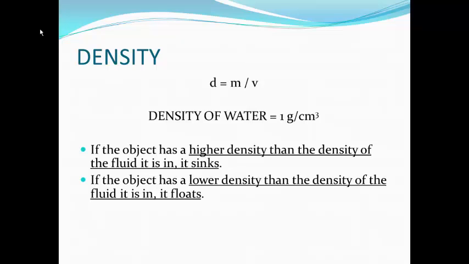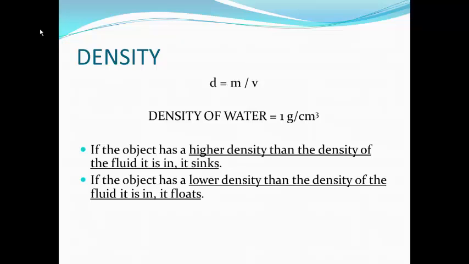That means if you had a tiny cube of 1 centimeter by 1 centimeter by 1 centimeter in size, and you filled it with water, that would weigh 1 gram. That's what it means by the density of water being 1 gram per cubic centimeter. If the object has a higher density than the density of the fluid it's in, it will sink.